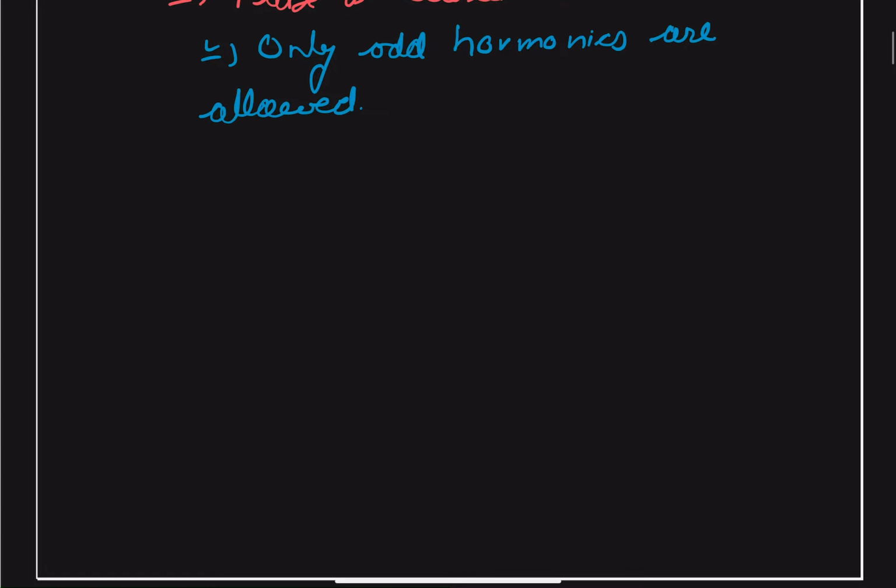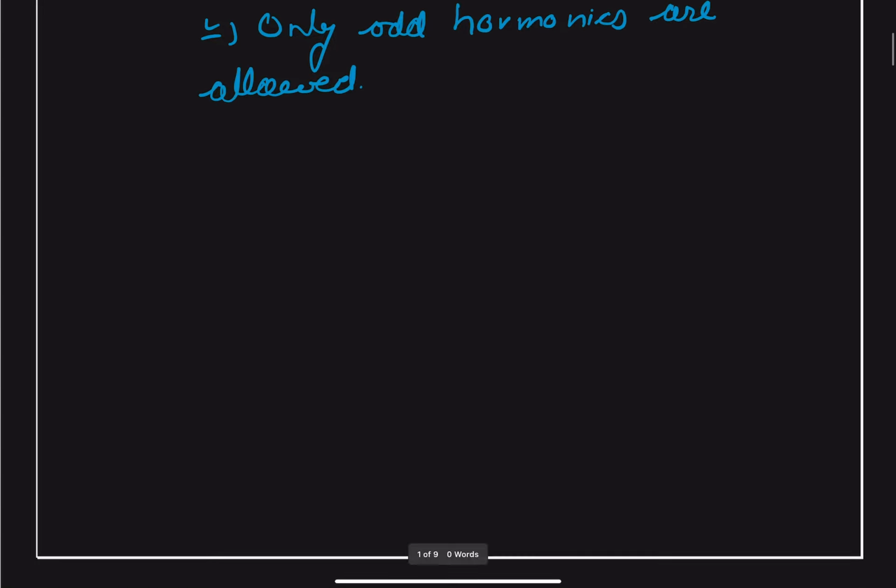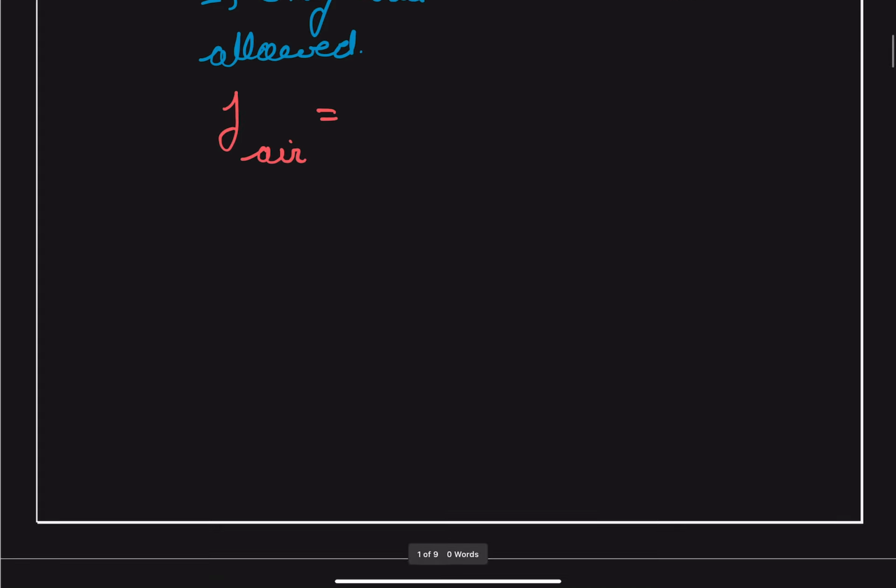Therefore, we can write the equation for the frequency with respect to air, because there is an air column and there is a string. So for this air column, the frequency will be equal to N times V divided by 4L, where the value of N will be odd, that is 1, 3, 5 and so on.